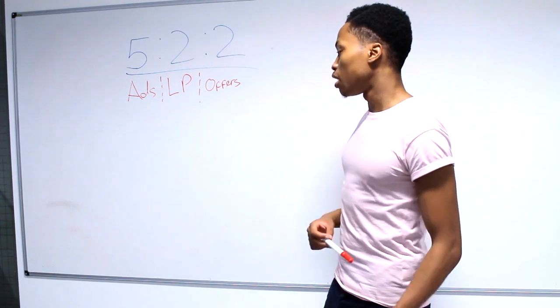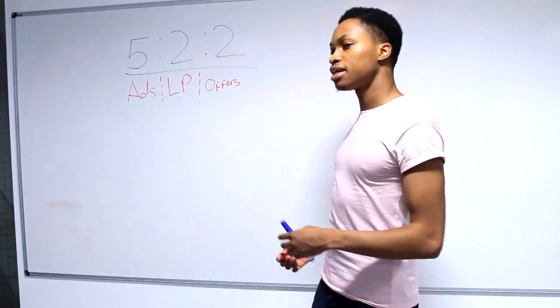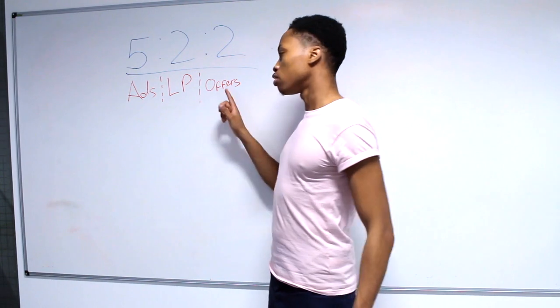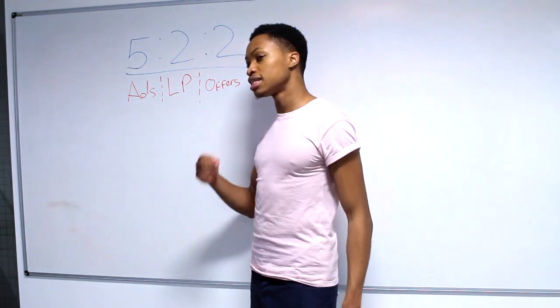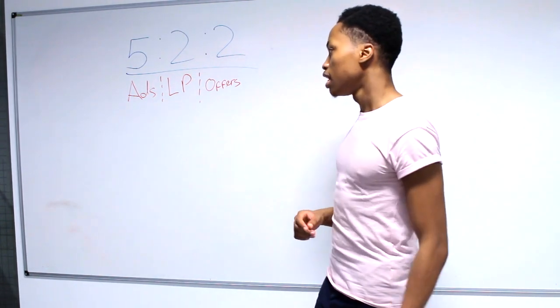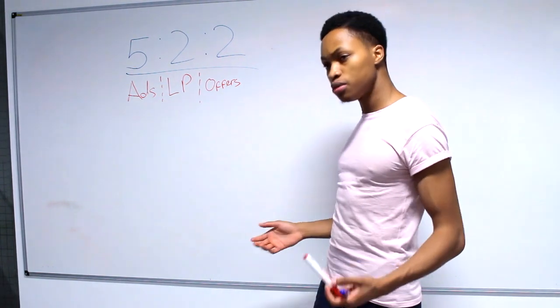But in order for us to do that, we need to make sure that we are running enough traffic to each combination of ad, landing page, and offer. We want to make sure we're running enough statistically significant data to each ad, landing page, offer combination in order to find out if there's a specific winner or a specific loser.